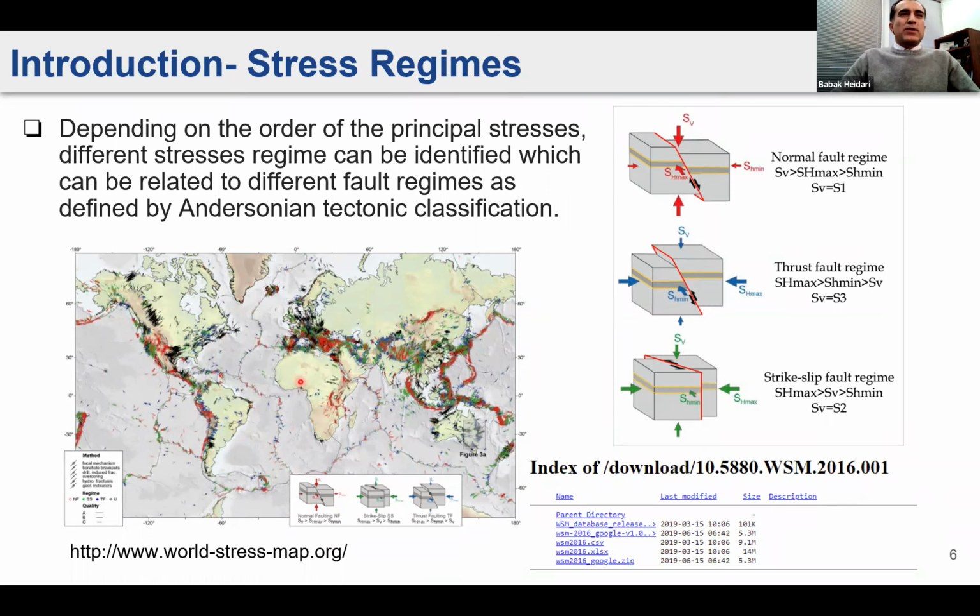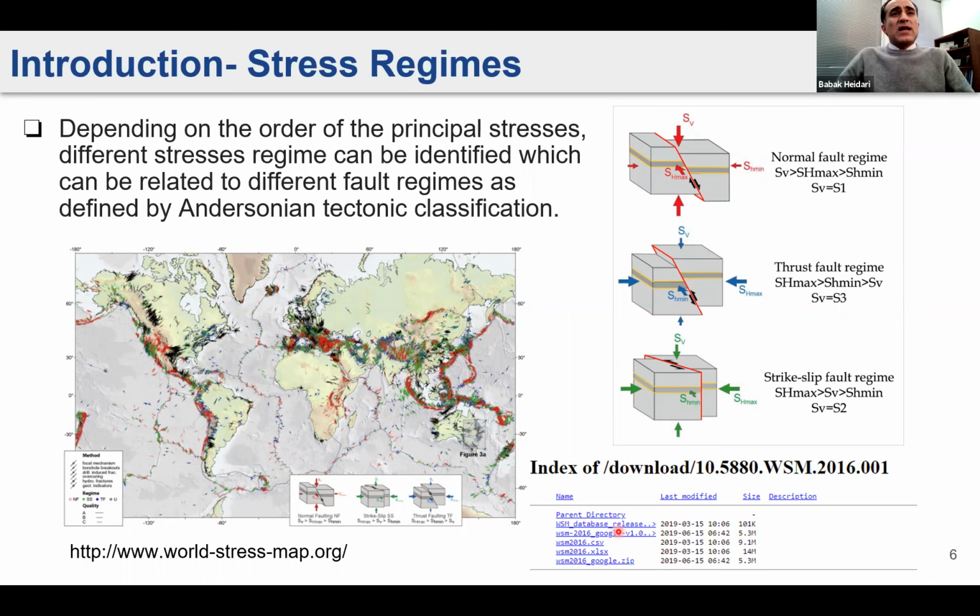There are active plates and movement of the plates, and they correlate with the direction of the horizontal stresses and the stress regime. The good thing is that you even have access to the data set itself, so you can download this data and use it in your application. It is free and open source, as of my understanding, and it is very valuable information to grasp.